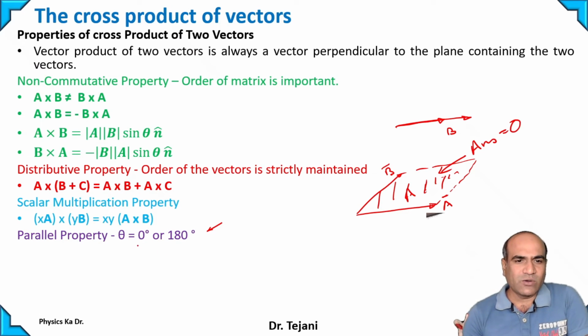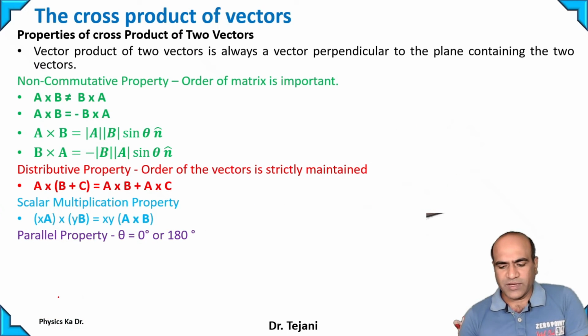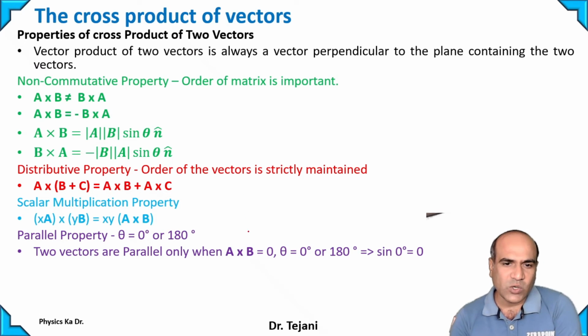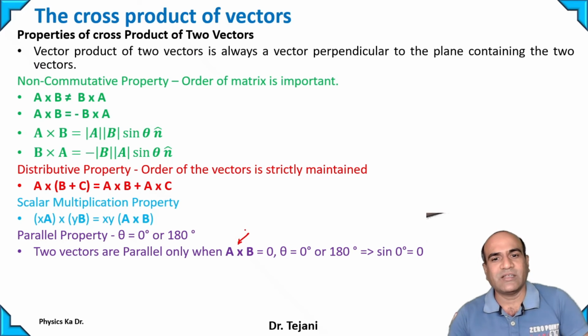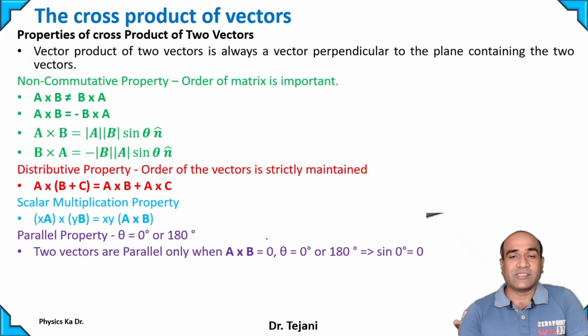And we can see here sine theta, sine 0 is equal to 0. If it is 180, then also it is 0. Therefore, if it is mentioned that the vectors are parallel, then vector A cross vector B is always 0. There are so many examples you will find based on these rules, and therefore these rules are very important. In the JEE and NEET examinations, you will find this kind of rule.